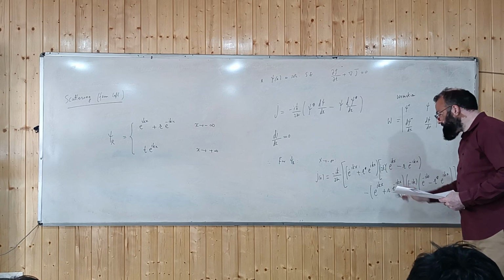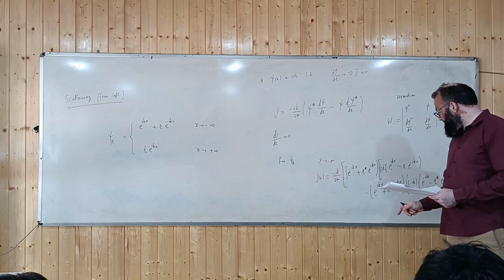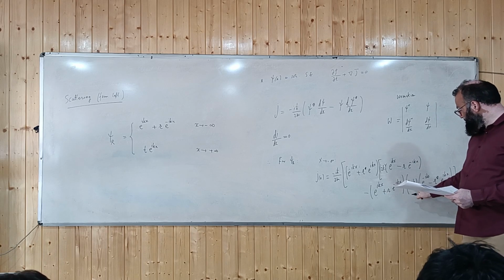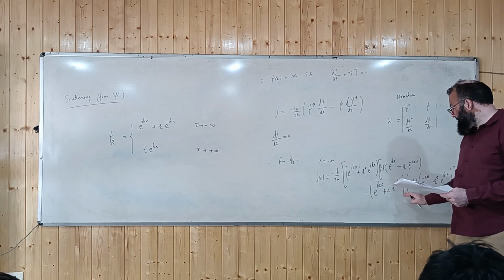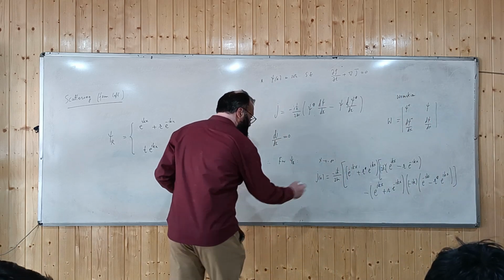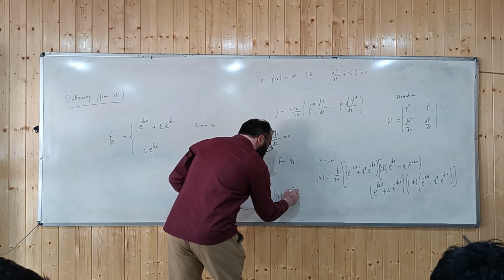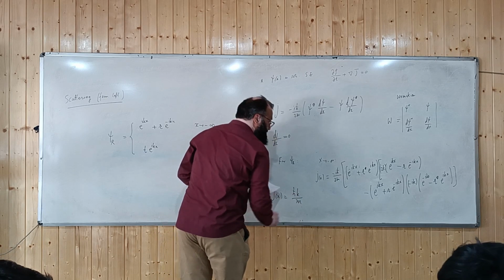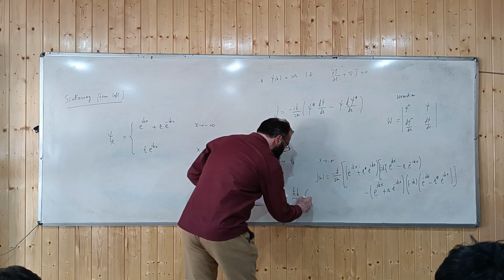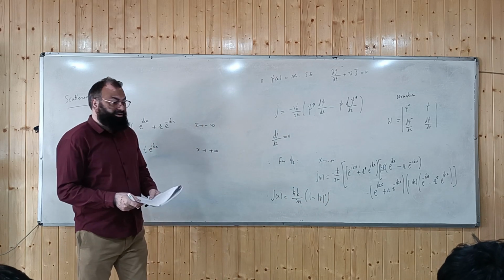Got it? So now i and minus i, it will become plus. This minus and minus become plus. So k, you are having h cross something. You just simplify it. So j of x will be simply h cross k by m into 1 minus magnitude of r squared. Now look here.